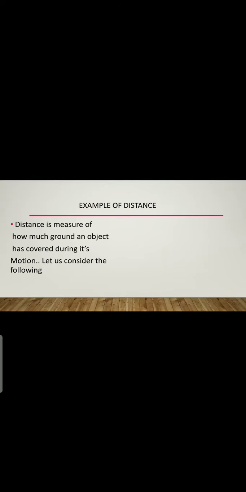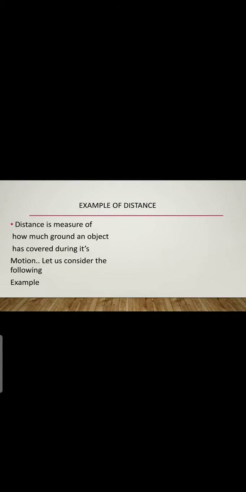I have considered here the example of a bicyclist. Distance is about how much ground an object has covered during its motion.